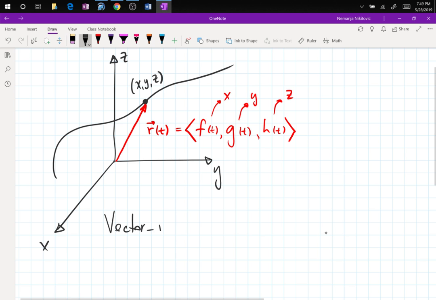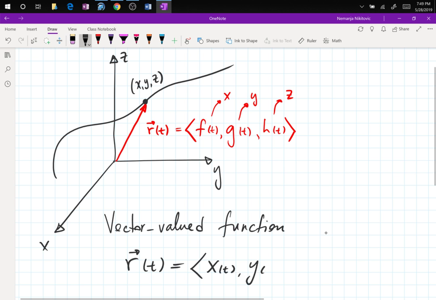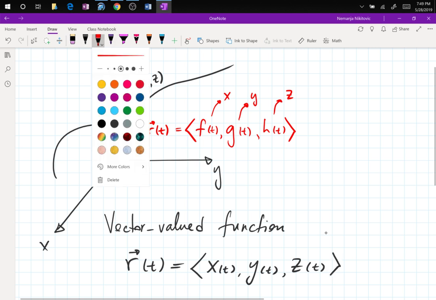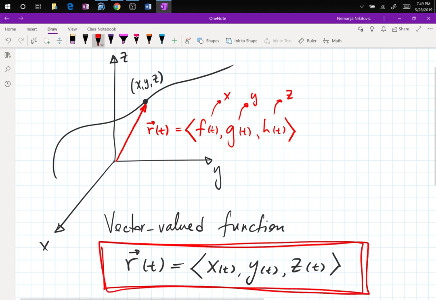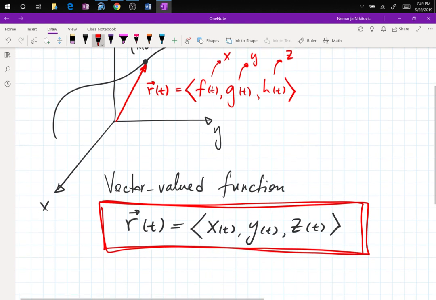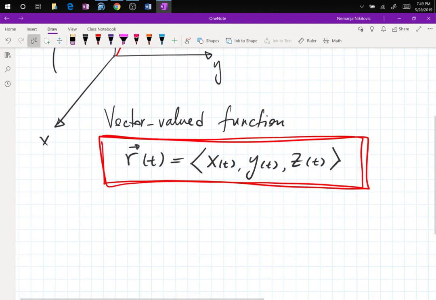So vector valued function R of t, and I'll use x of t, y of t, z of t to emphasize that calculating this vector, you are getting those points which are locations in space.